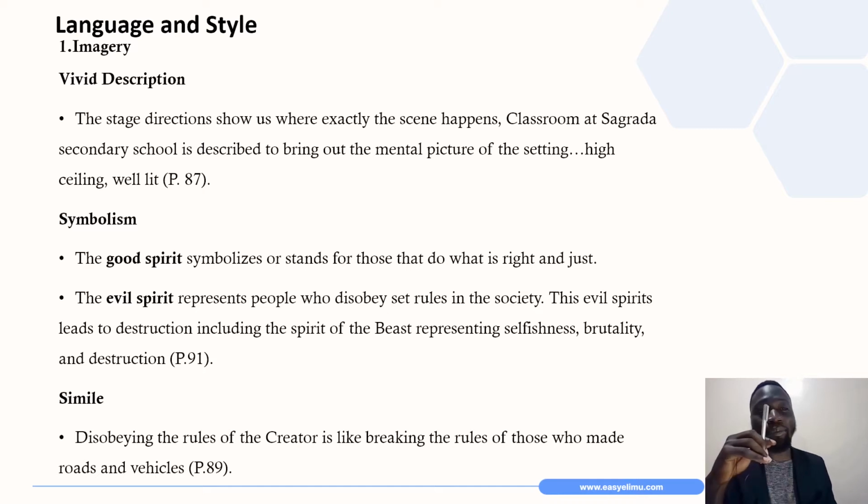So under imagery, let us start by looking at vivid description.